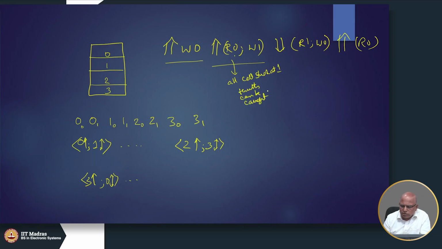We were expecting a 0, but if you find a 1, obviously some cell may be stuck at 1. And then we are writing a 1. In the process, we are toggling certain bits, isn't it? We are toggling 0 when we go from 0 to 1.